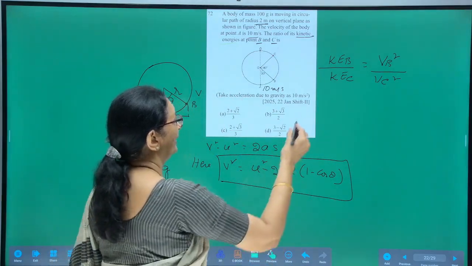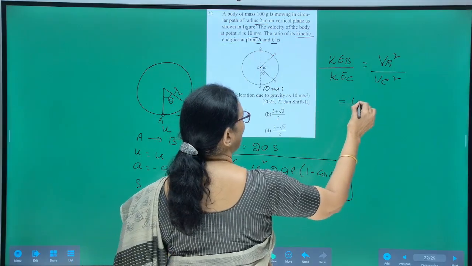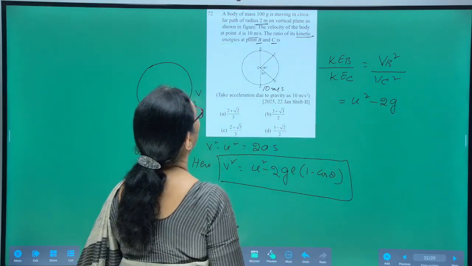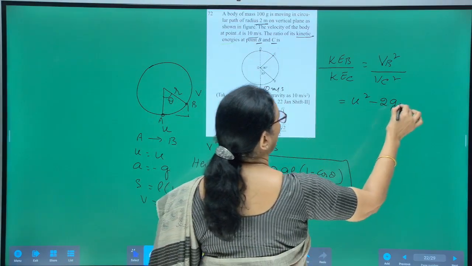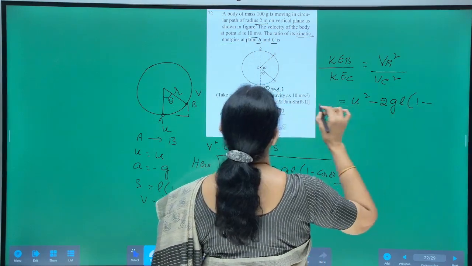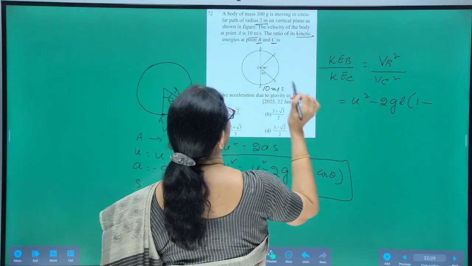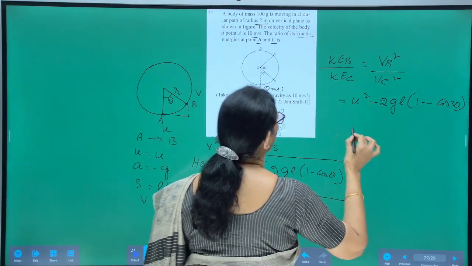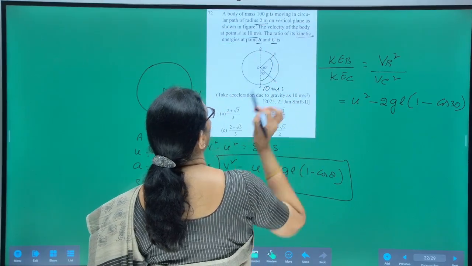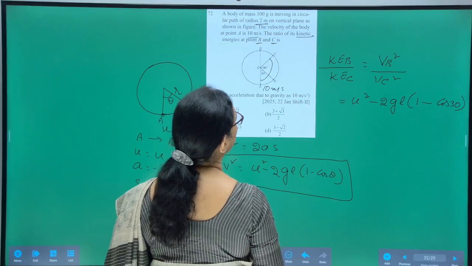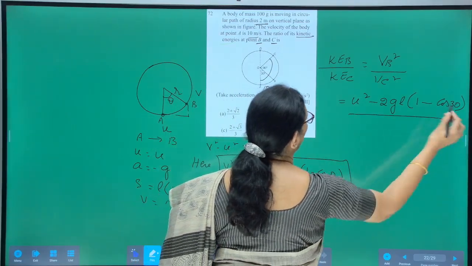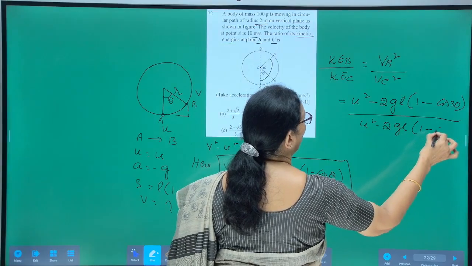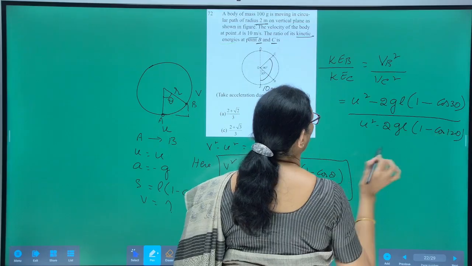Using this formula, that is u square minus 2gl into (1 minus cos 30 degrees), divided by, for this angle which becomes 120 degrees, u square minus 2gl into (1 minus cos 120).